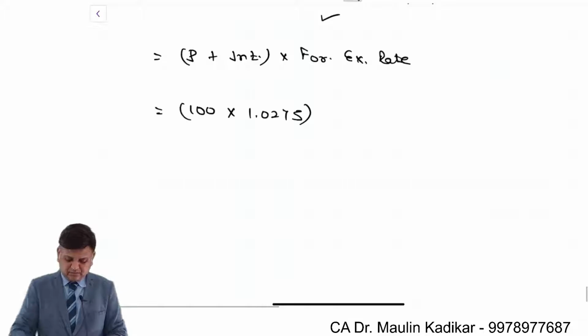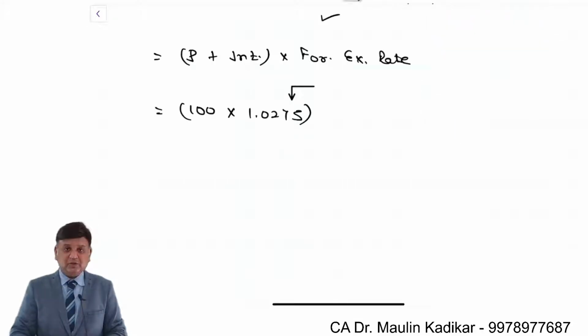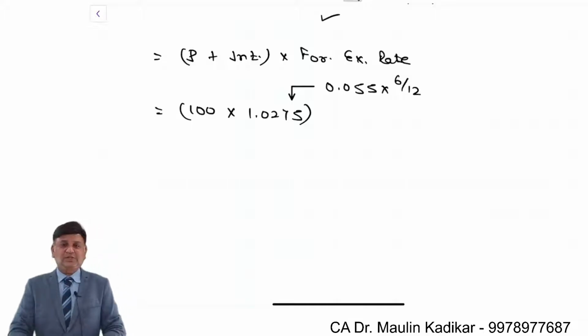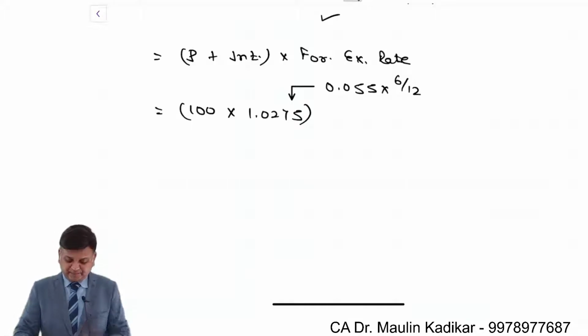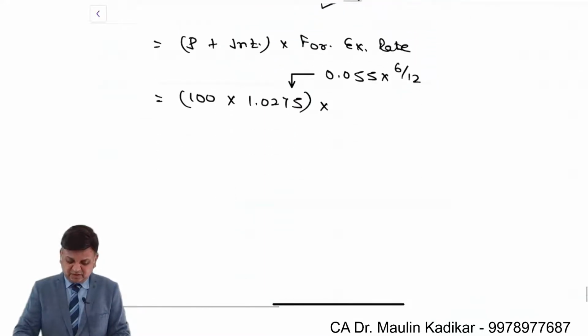So the rate of interest is 0.055 into 6 divided by 12. So this is the repayment of the loan multiplied with the forward exchange rate, sell of rupees and purchase of dollar. So 36.40.